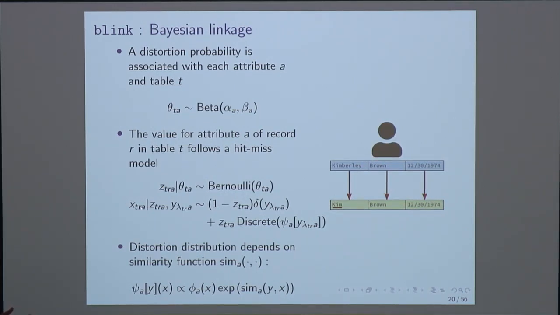Now, the likelihood function is going to come from this hit and miss model. If the data point is the same as the latent value, then it's not distorted. If it is distorted, I'm simply going to draw from this phi distribution, the empirical distribution function, and then look at a normalized version of the difference at each attribute level between the latent value and the observed value.